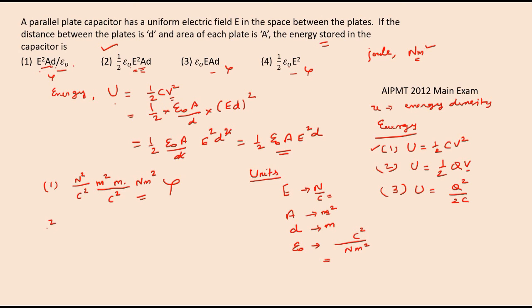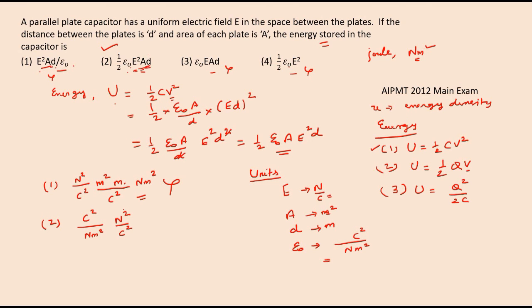Then go to option 2. Half, of course, is not required for the unit. Then epsilon naught is coulomb square by Newton meter square. Here you have E square, that is Newton square by coulomb square.